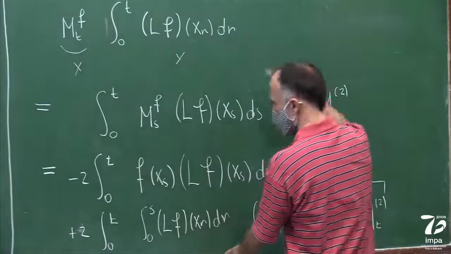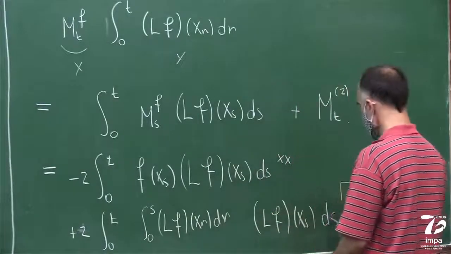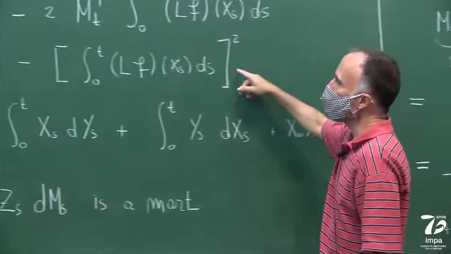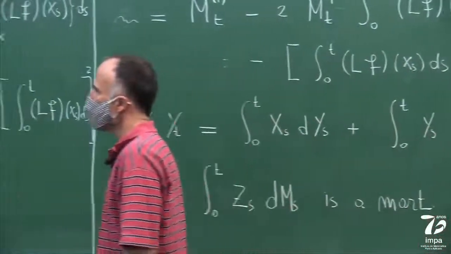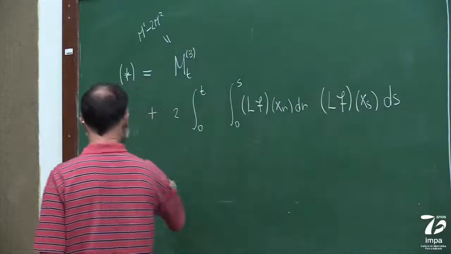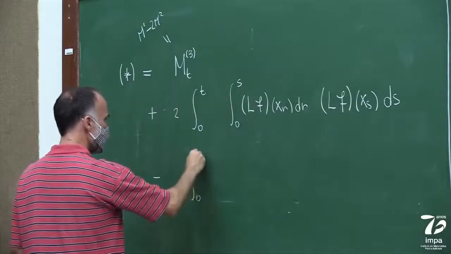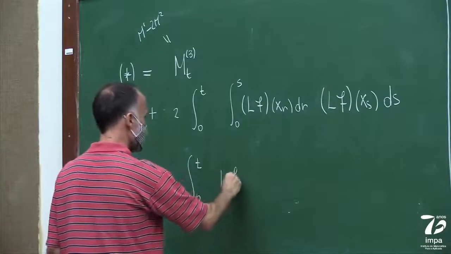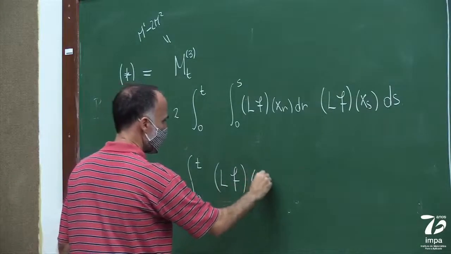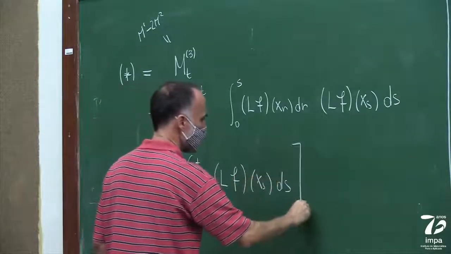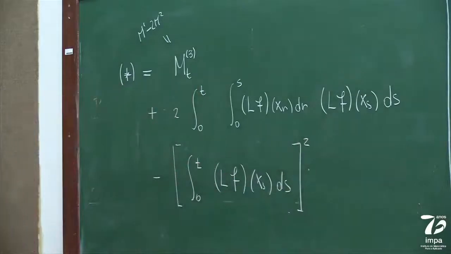So when computing that, we obtain these three terms. One cancelled, this one is a martingale, and this one I just wrote. And I have this term. Okay? So minus, and this term appears with minus t. Okay, so this is what we have.